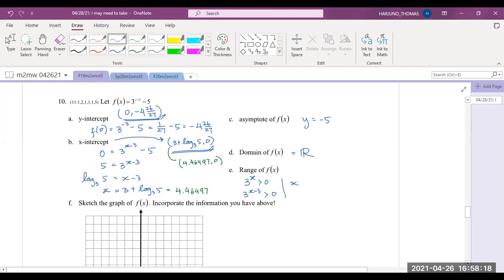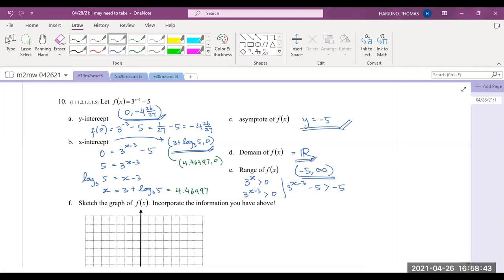Now 3 to the x minus 3 minus 5, therefore, must be greater than negative 5. The range will be from negative 5 to infinity. That's an ugly infinity. This is better.